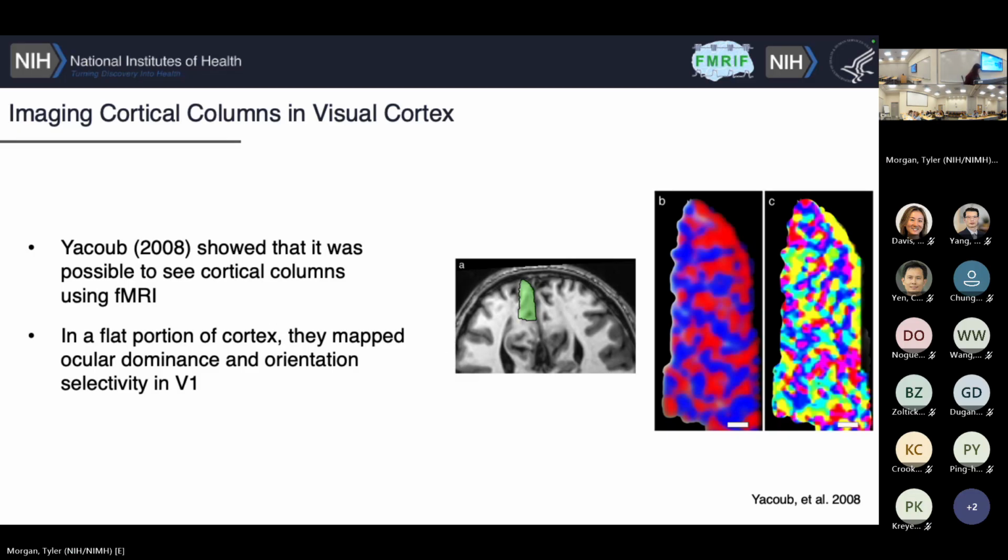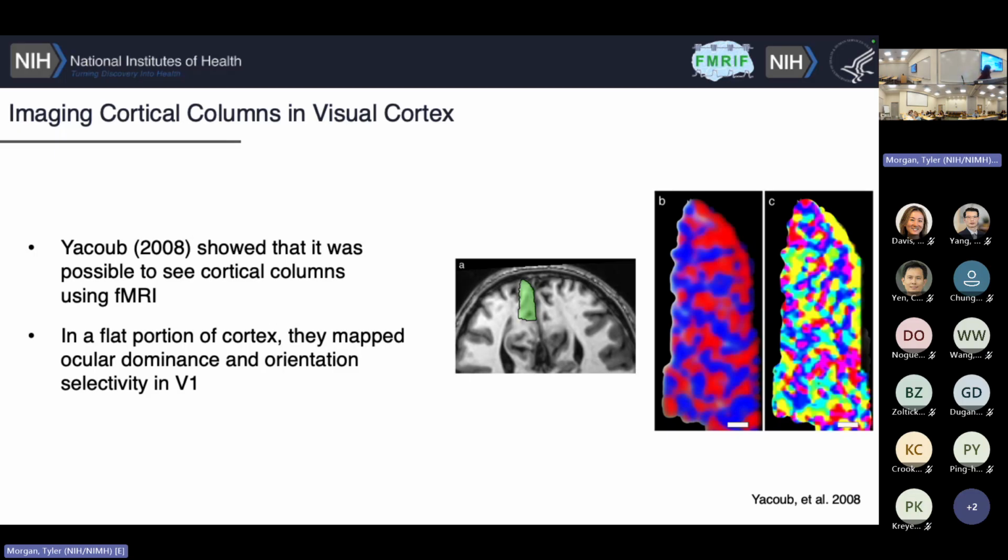Okay. We saw it in the last lecture, but I'm just going to repeat it: one example of cortical columns that people have measured is orientation and ocular dominance columns in visual cortex. Here we can see on the right-hand side these little patches of different colors. Those patches are areas that care about different orientations.